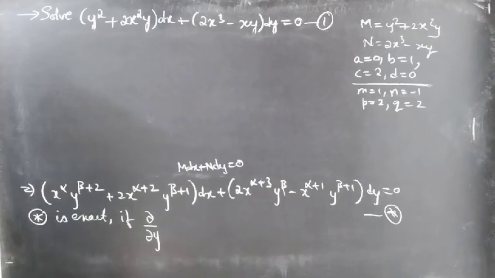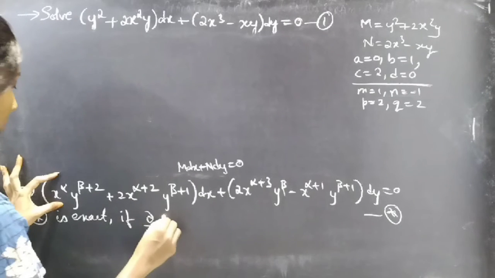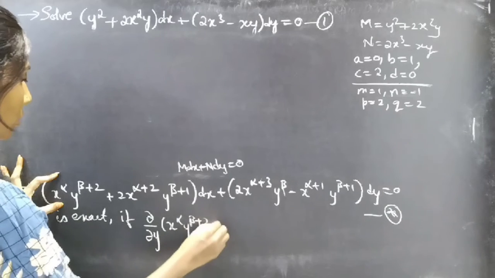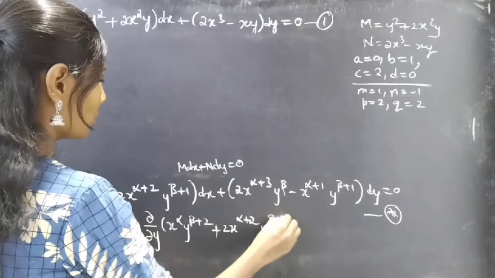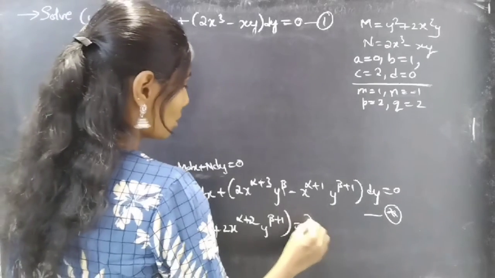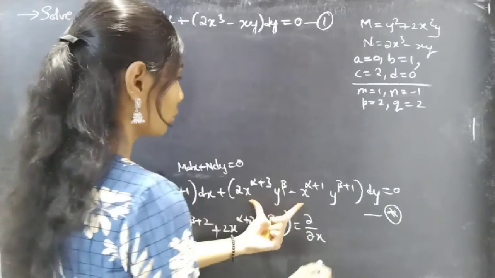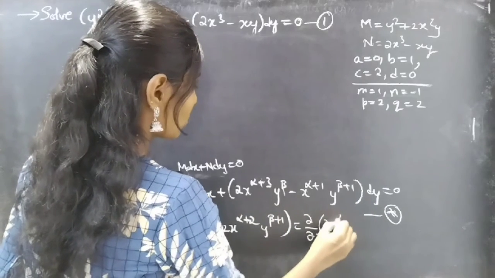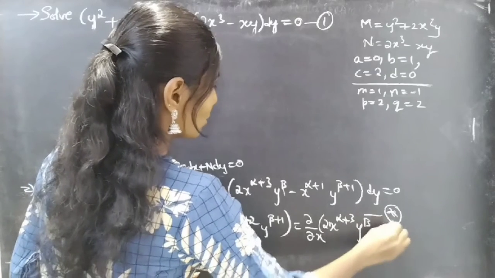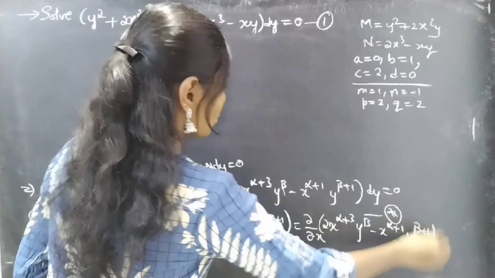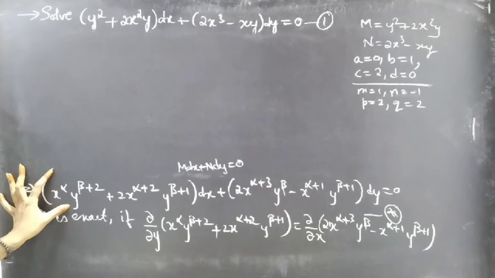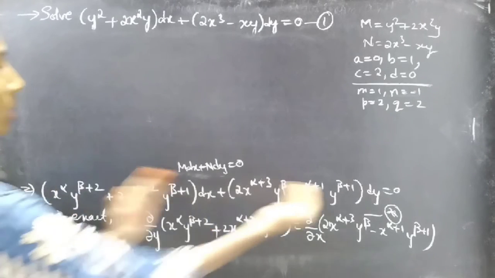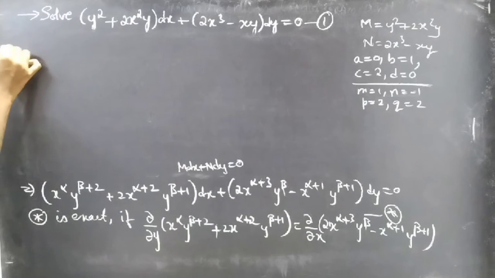So this is exact if the partial derivative of this term, x power alpha y power beta plus 2, plus 2 x power alpha plus 2 into y power beta plus 1, with respect to y, is equal to the partial derivative of the expression 2x power alpha plus 3 y power beta minus x power alpha plus 1 y power beta plus 1, with respect to x, right?